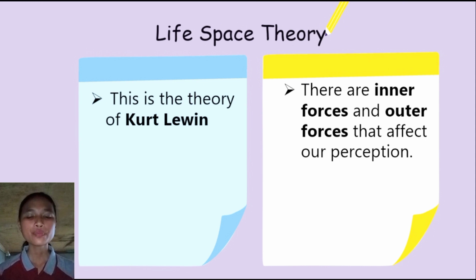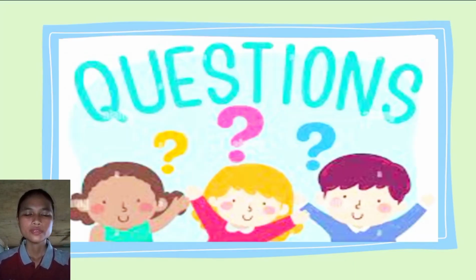One example of inner forces is our attitude, our motivation, and feelings. While an example of outer forces is the attitude and the behavior of our teachers and classmates. So that would be all for module 9, which is Gestalt psychology.